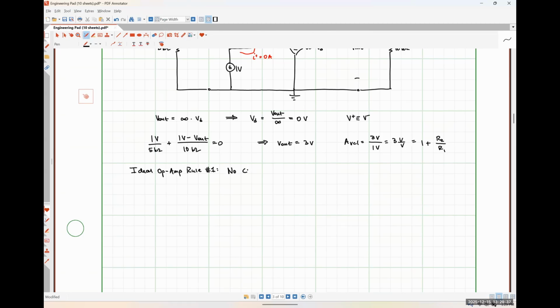No current can flow into or out of the input terminals of an ideal op-amp.